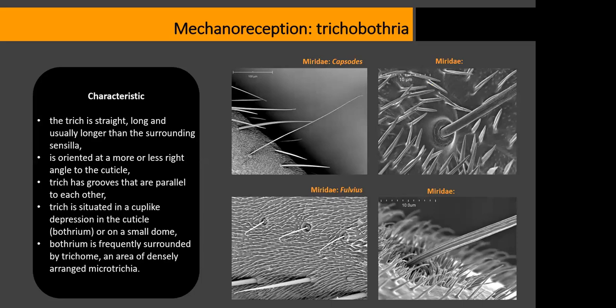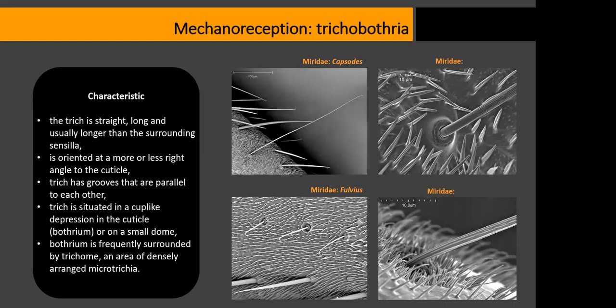Perhaps the most recognizable type of sensillum in Heteroptera is the trichobothrium. It has a trichum situated in a cup-like depression in the cuticle, the bothrium, or a small dome surrounds its base. The trichum is fine and long, almost straight along its entire length, flexible and tapered apically.